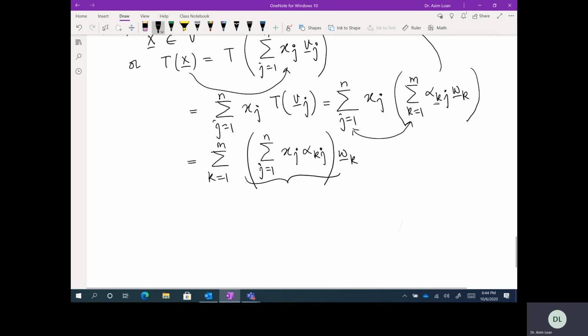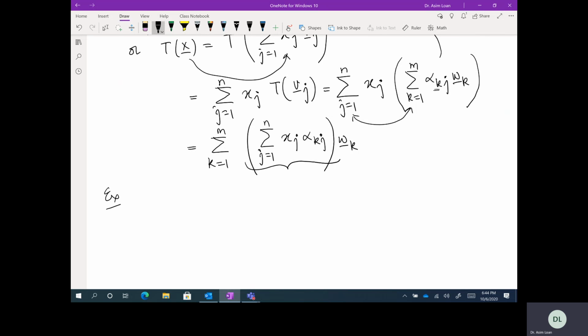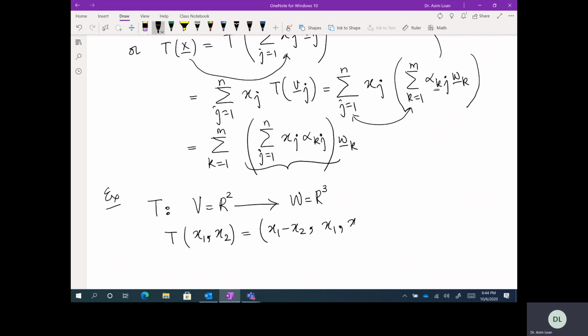Let me do an example for you. So let's say T maps vector space V, which is R2, to W, which is R3. I am given T of x1, x2. T of x1, x2 is simply x1 minus x2, and then x1 and x2 as is.